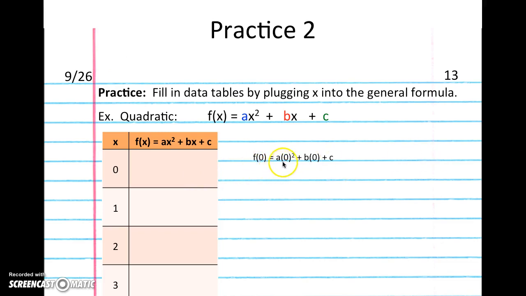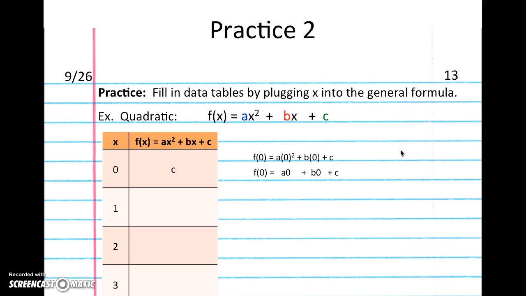So I have f of 0 equals a times 0 squared plus b times 0 plus c. I know that a times 0 squared is just a times 0, and b times 0 is b times 0, and then there's c. And a times 0 and b times 0 both give me zeros, so this all becomes 0, and then I have c left. And so the answer I get there when I simplify that is just c.